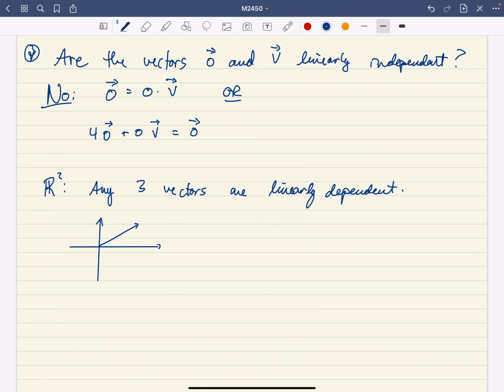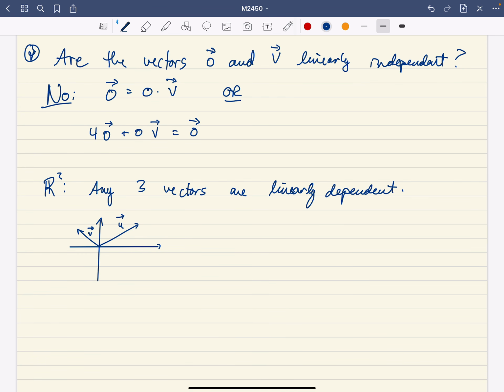So here's a vector, let's call it u. And if I want there to be a chance that 2 vectors are linearly independent, they can't lie along the same line through the origin. In other words, if I pick a vector that's some scalar multiple of u, then automatically we lose. They're not linearly independent anymore. So in order to get linear independence, I must pick some vector that's not on that line through the origin. Okay, so this maybe is v.